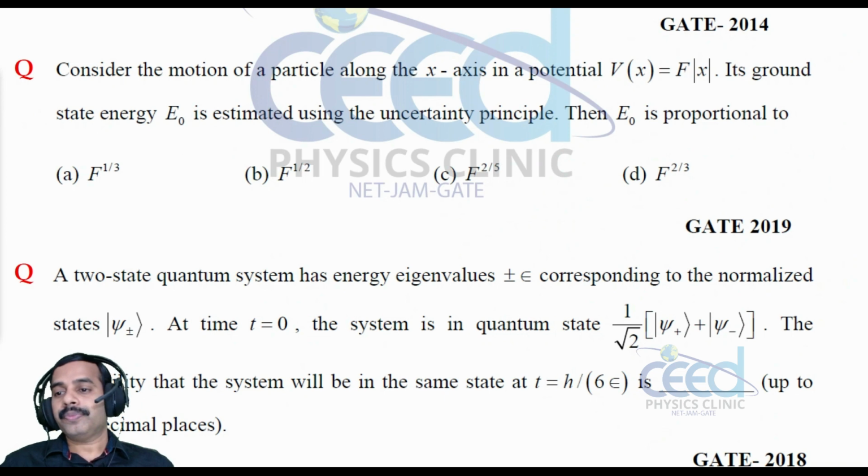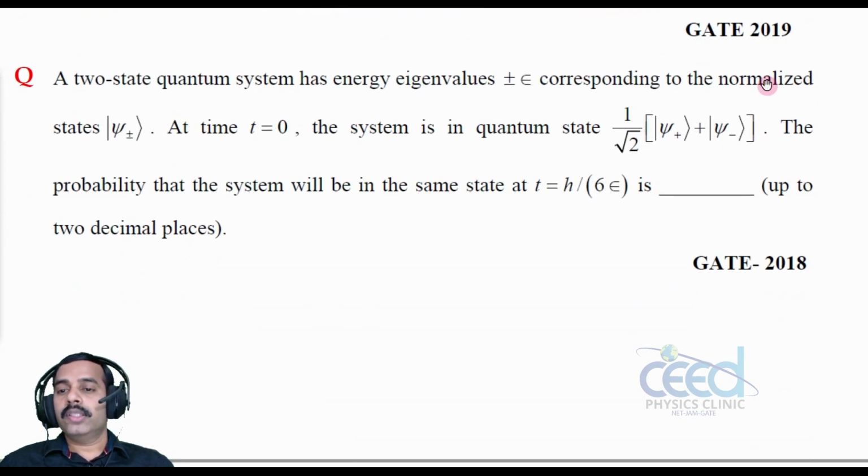All right, now let us come to another question. A two-state quantum system has energy eigenvalues plus or minus epsilon corresponding to normalized states psi plus or minus.